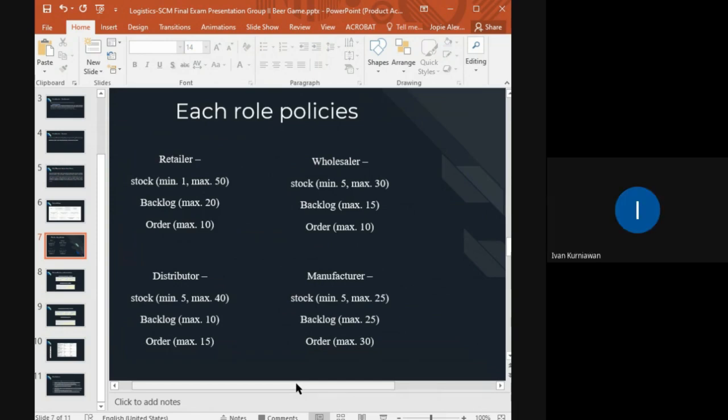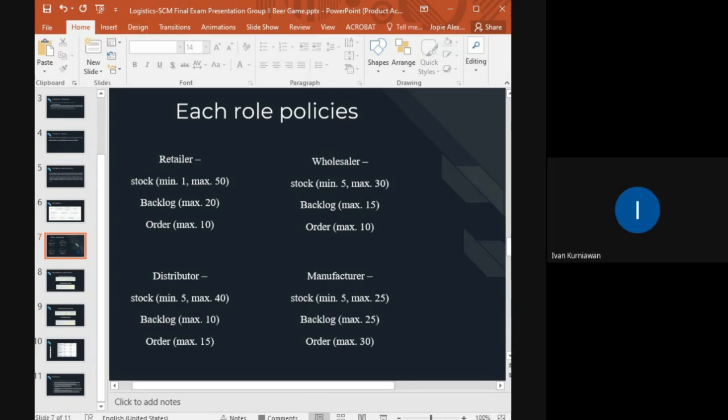But my question is like this. If the backlog exceeds, for instance for the retailer, more than 20, but you set the order maximum at 10, is there going to be any change for the maximum order capacity? So in here you assume that the maximum number of the backlog is 20, right?